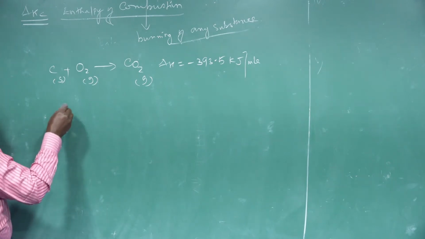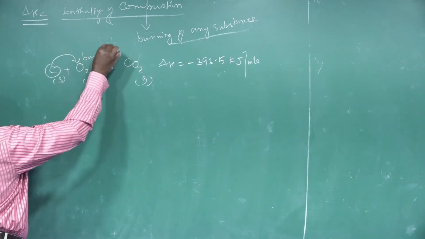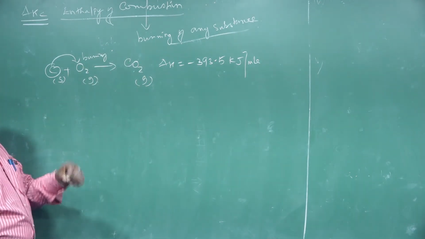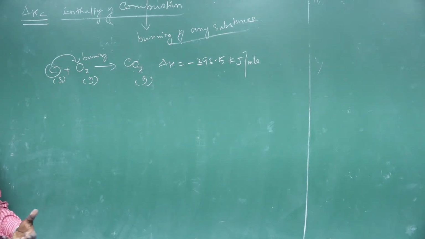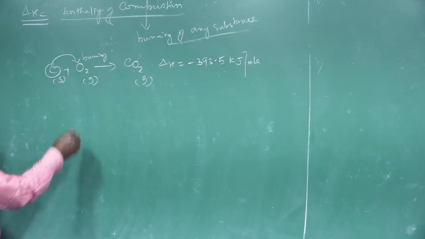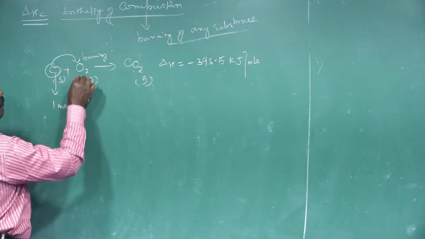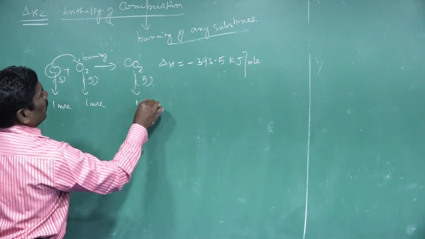Now what has happened here? This carbon is burned in the presence of oxygen, giving carbon dioxide. What you should understand is the amount of energy liberated during the combustion of 1 mole of substance, which produces 1 mole of carbon dioxide.